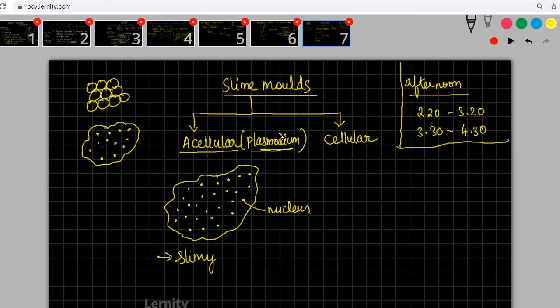So you will be able to see them. That is one group of slime molds. They will move like an amoeba, and they will digest and consume.